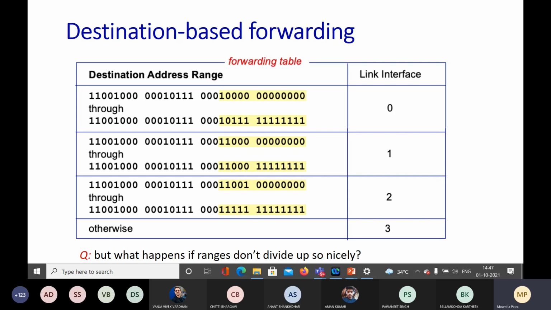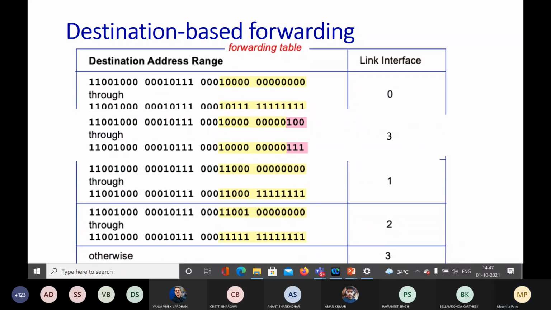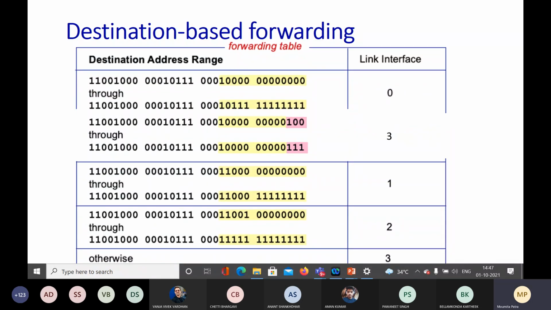But what if this kind of categorization is not done at all? In that case, how do we move forward? How do we actually transfer the data to the corresponding output port? See what was happening here. We have this as a range.